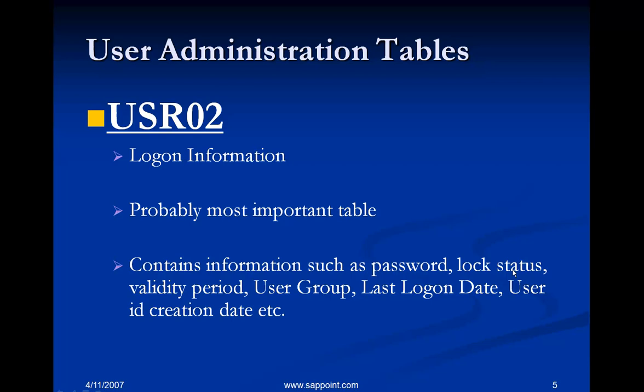The user's lock status, whether the user ID is locked or unlocked, is again stored in USR02. The validity period that you maintain in the logon data tab is maintained in this table. The user group that a user belongs to is maintained in this table USR02, and so is the last logon date.